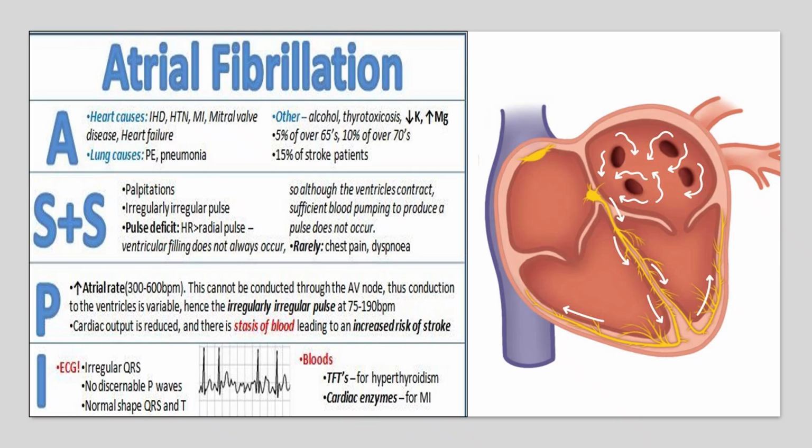We know that it's organized and efficient. But with AFib, you're going to have rapid, chaotic, and uncoordinated electrical activity coming from various parts of the atrium. And this is going to cause the atria to quiver.